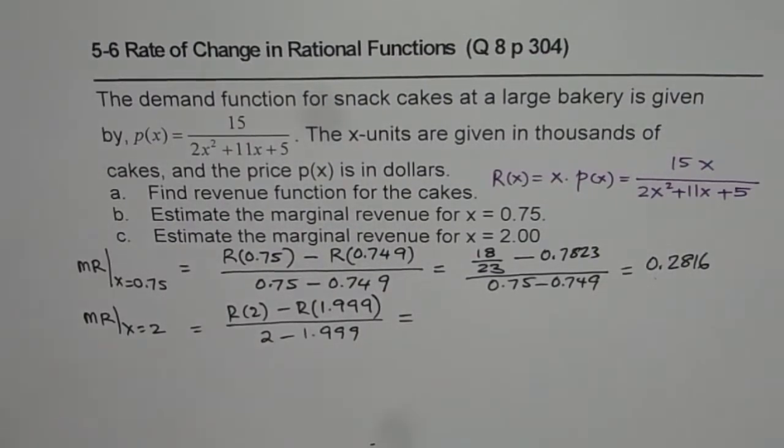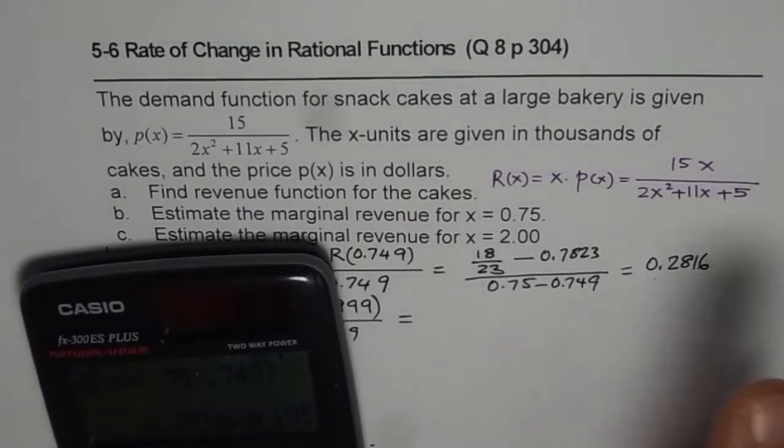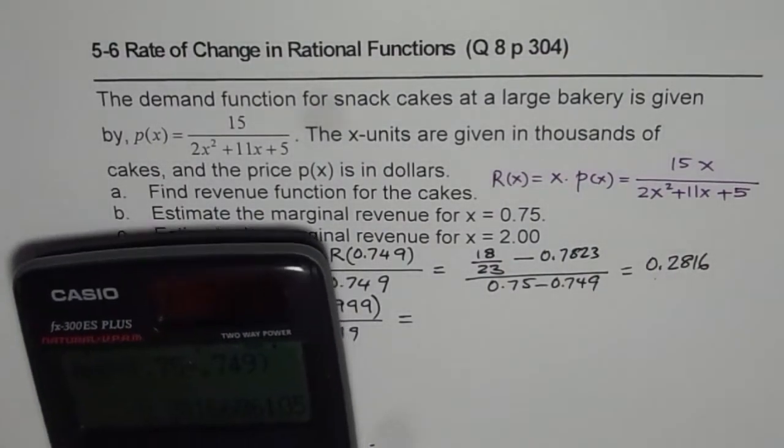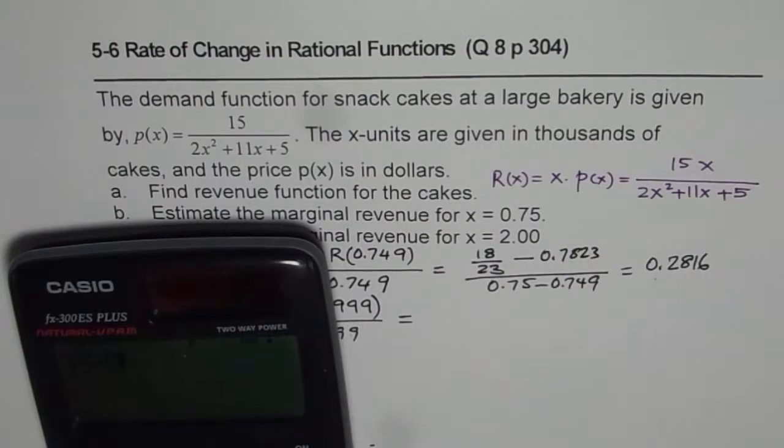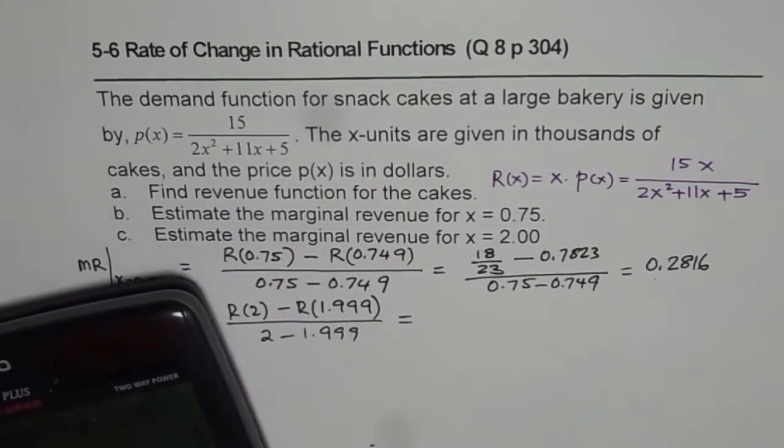So that is our ratio. So let's find what is R of 2. We'll again use the same formula: 15 times 2 in the numerator divided by, within brackets, 2 times 2 squared plus 11 times 2 plus 5, bracket close, equals 6 over 7.